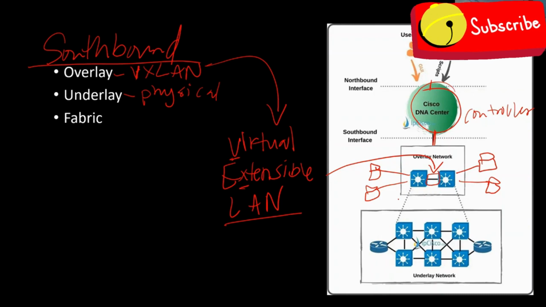It creates this VXLAN, and this VXLAN is basically putting on a tag. It's encapsulating and decapsulating. So it's putting on the tag, saying, hey, this is some software stuff. Send it over. Make sure it goes here, and then the next device is going to take that tag off and say, okay, I know where to send this now.